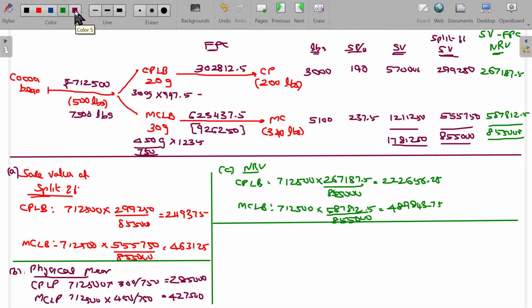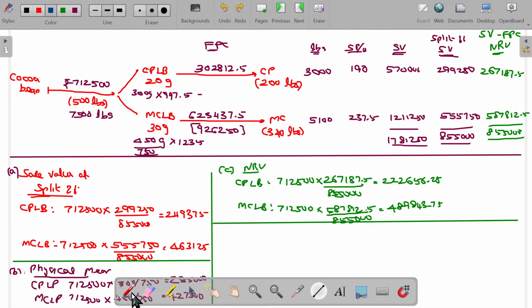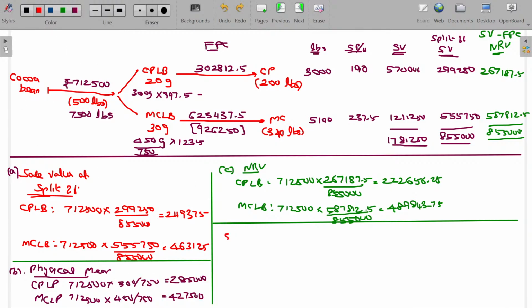Now, you have to find out the GPR. Total sales value, how much? 17 lakhs 81,250 minus further process cost 9 lakhs 26,250 and joint cost 7 lakhs 12,500.